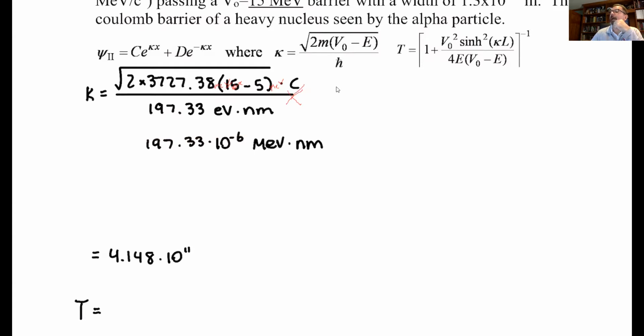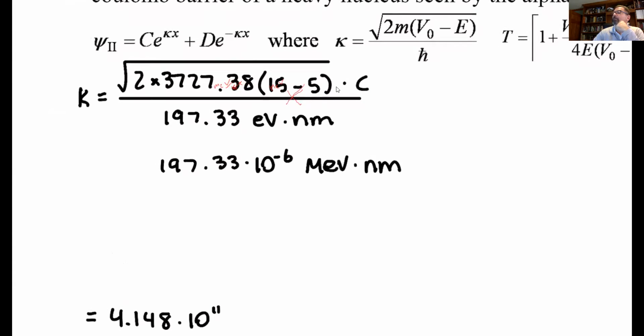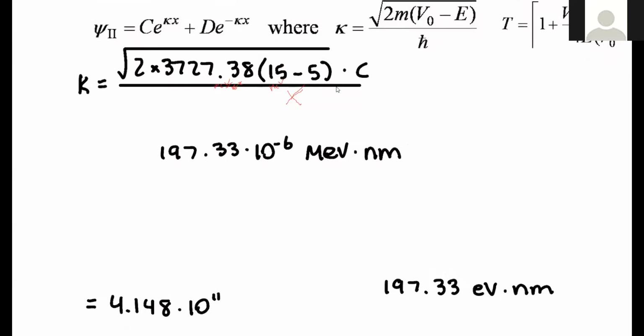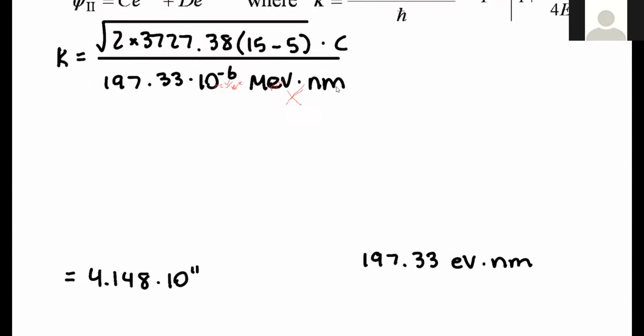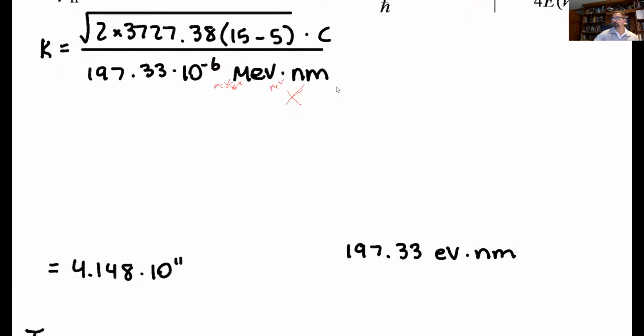So you've got to make it MeV, and the way you do that is multiply the numerator and denominator by c. Are you happy with this? So the units of kappa are defined, and to make the units work out, we need to multiply by c. Yes. Okay.